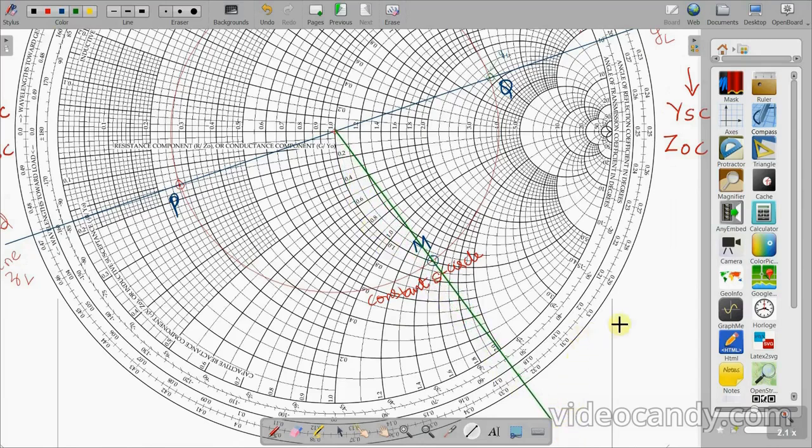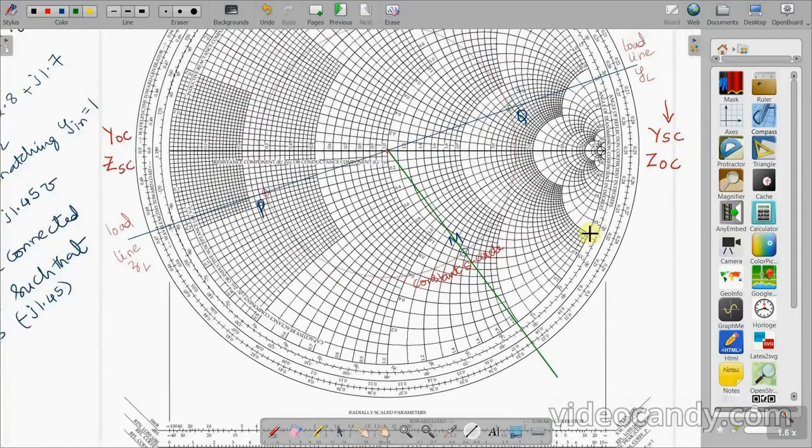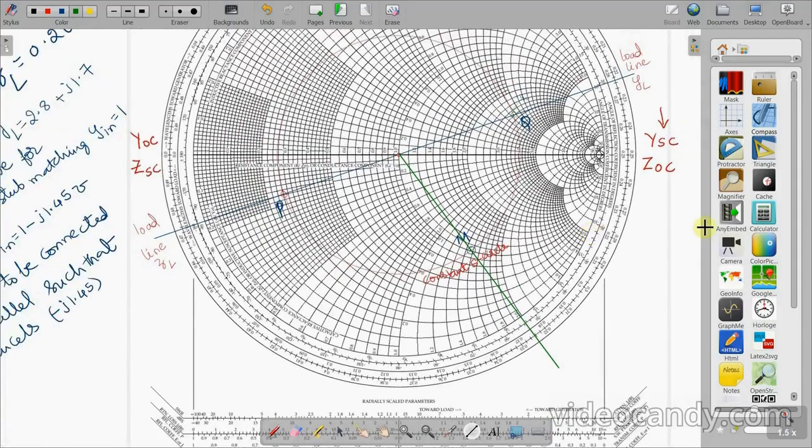Now measure the distance from the load admittance in clockwise direction to the line marked based on the Yn value of 1 minus j1.45, and this distance is Ls as asked in the problem.